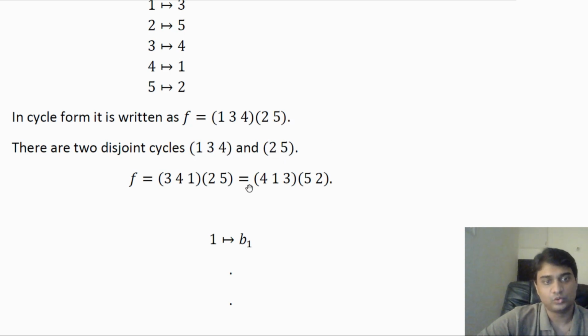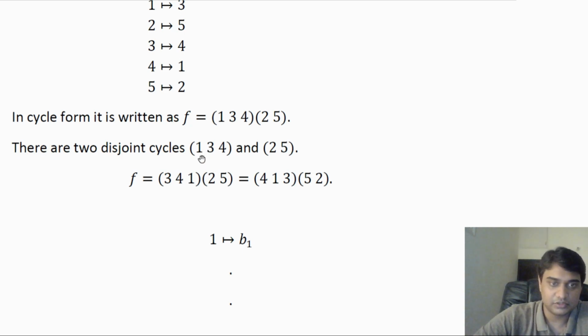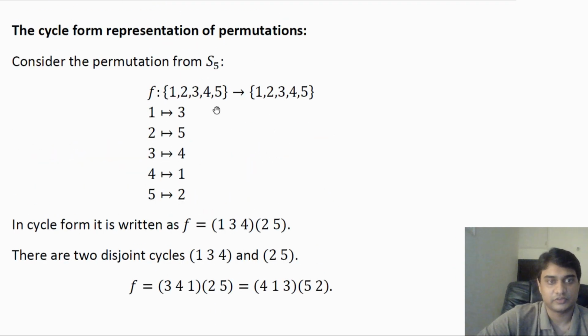If we write (2 5) first and then (1 3 4), then 2 is bigger and 1 is smaller, so it will not be in the standard form. The standard form is to write the cycle whose first entry is the smaller one first. So (1 3 4)(2 5). This is the standard way of writing, right?